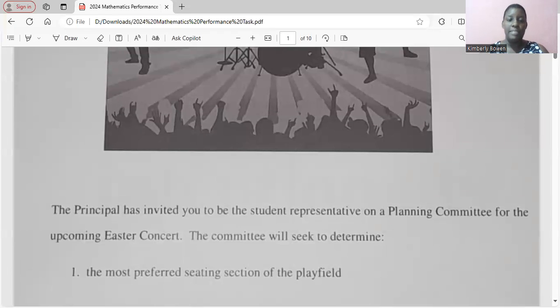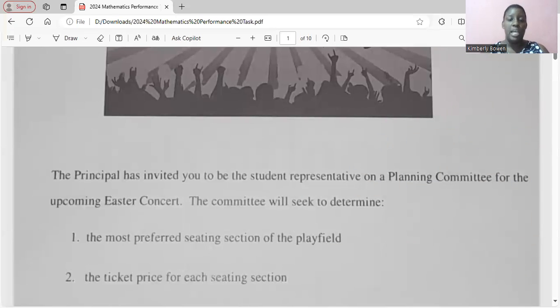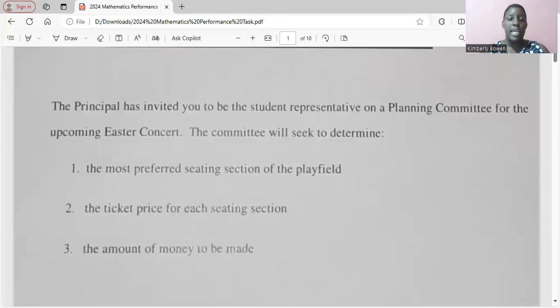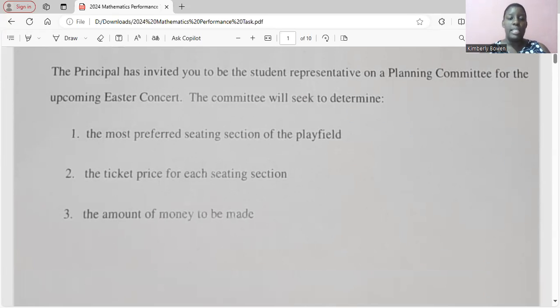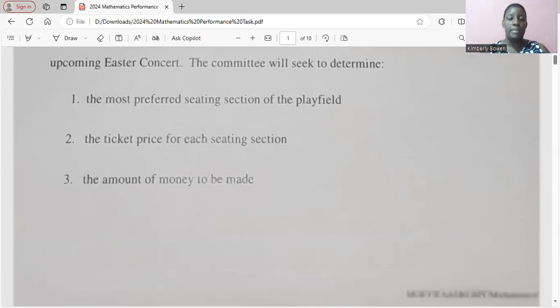The principal has invited you to be the student representative on a planning committee for the upcoming Easter concert. The committee will seek to determine the most preferred seating section of the playfield, the ticket price for each seating section, and the amount of money to be made.